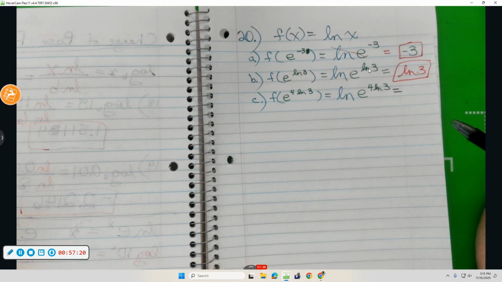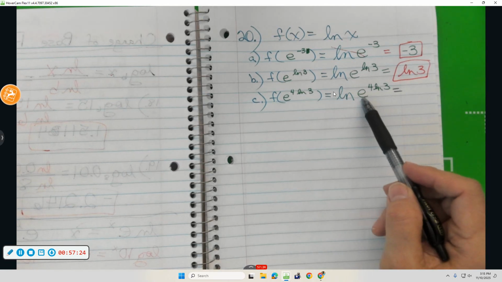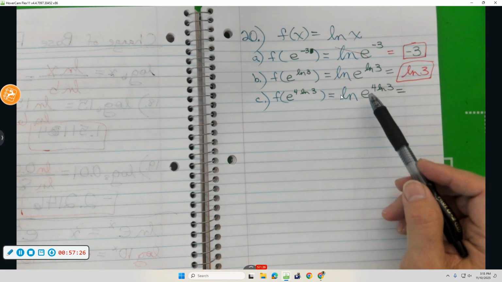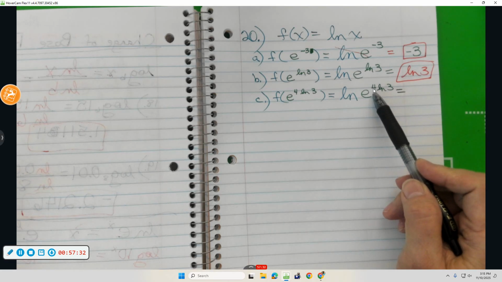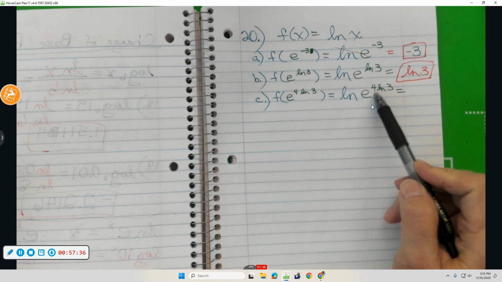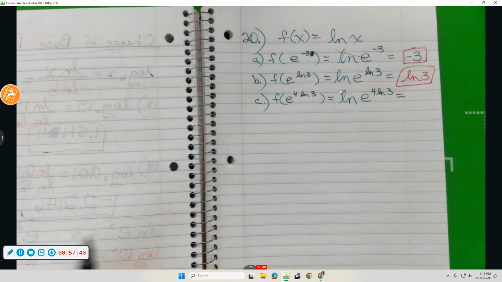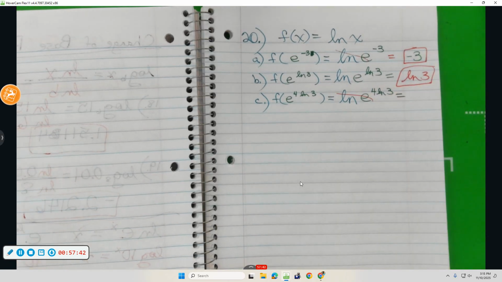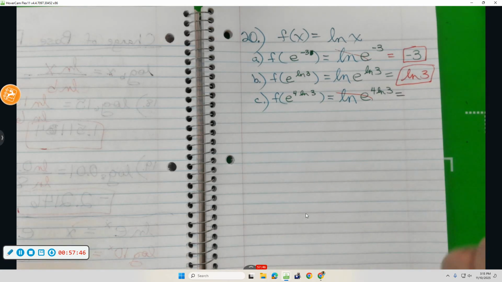Well, we can cancel that ln e right there. Can we cancel the e and that ln that's following? They're not consecutive. There's something between them. What is it? That 4. So you can't cancel like that. All you can do is say, okay, I have one pair I can cancel, and that's going to leave me a 4 ln3.